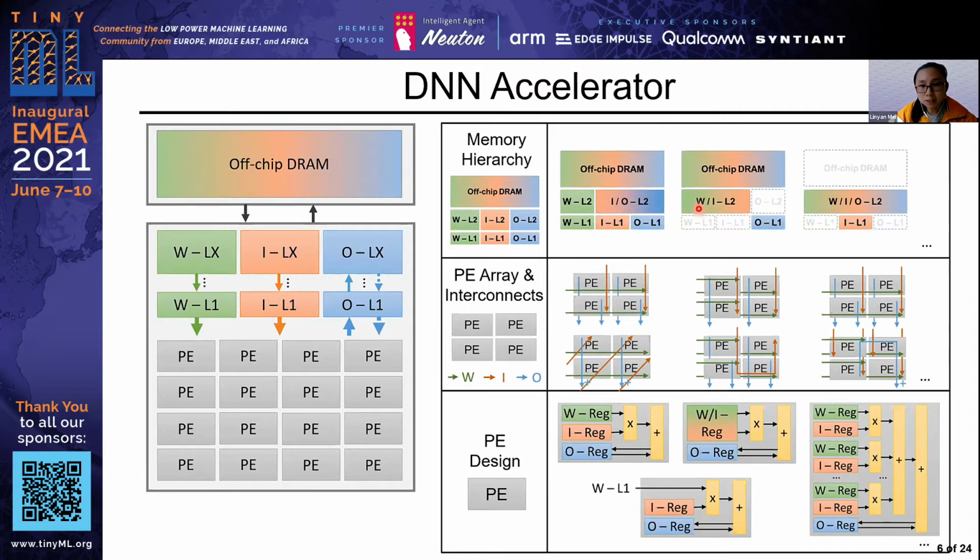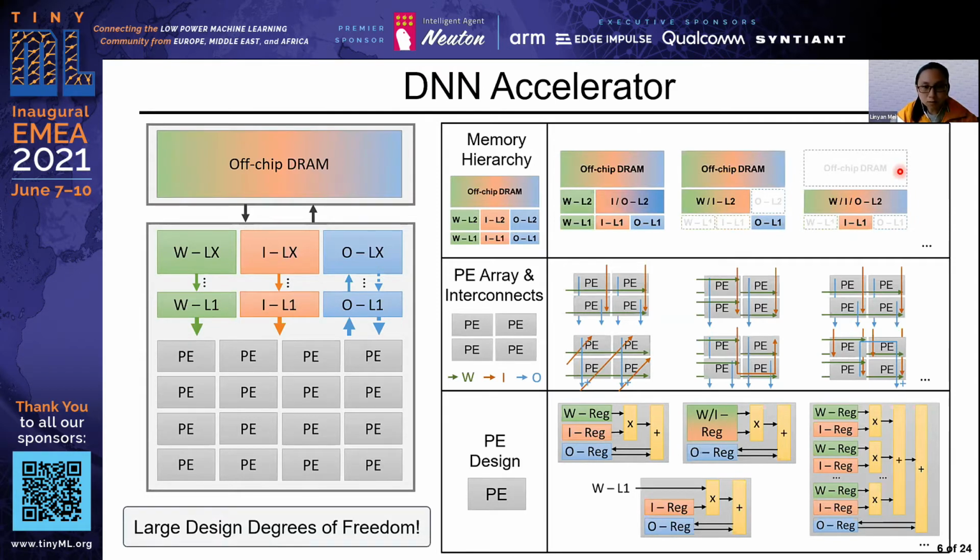I can bypass a memory level in the hierarchy, like here, where I can directly fetch data from the local buffer L2 level to the PE array for weight and input. And here we can also just disable the off-chip level: if all the data can be stored on chip, then we can ignore the DRAM level. So there are so many design degrees of freedom in DNN accelerator design.